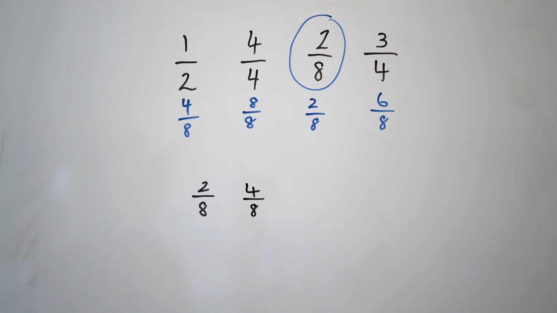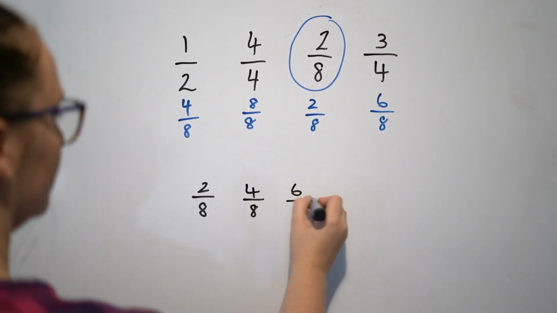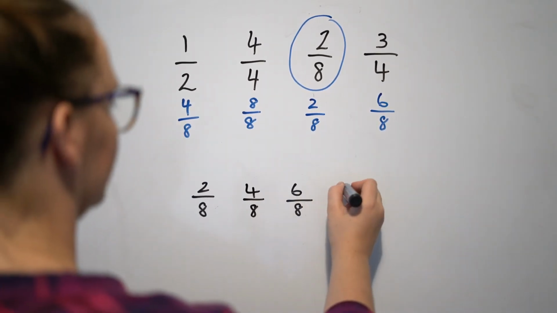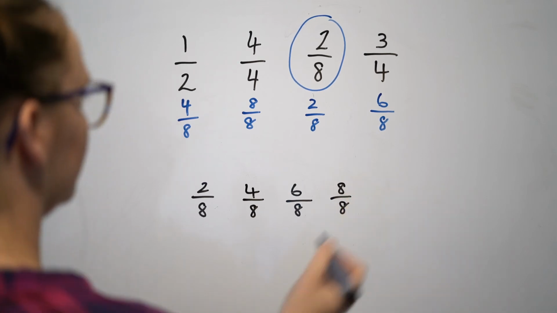This leaves us with 2 fractions left, 8/8 and 6/8. Well, 6 is smaller than 8, so 6 must be the next smallest fraction. And this leaves us with 8/8 left, which is our last fraction.